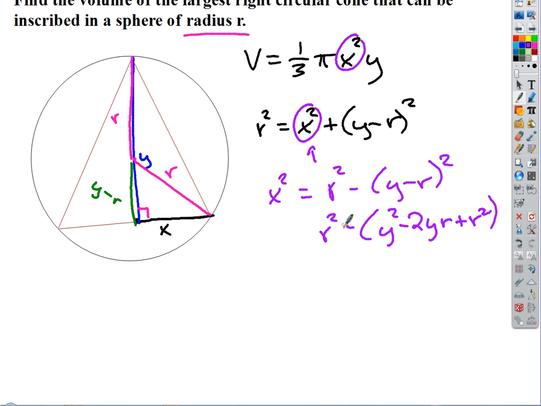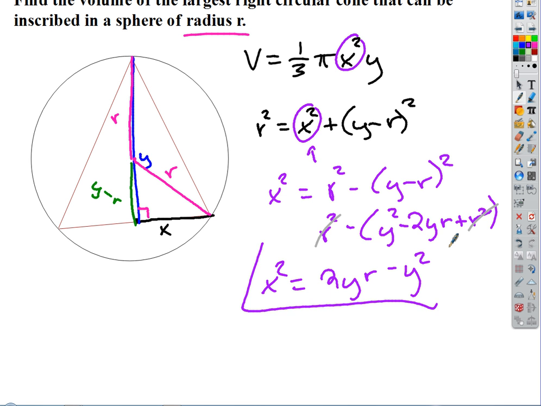Does that make sense? And I just end up with x squared equals positive 2yr, or probably should say 2ry, minus y squared. Make sense?